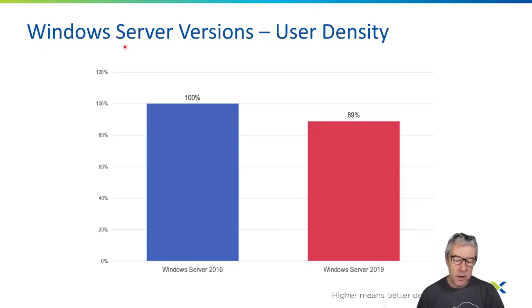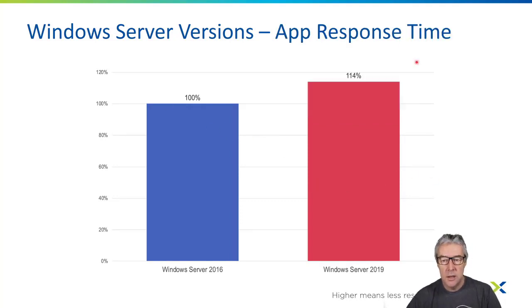So if you're using virtual apps on Server 2016 or Server 2019, again, a difference in user density. So a reduction here in user density. We look at the application response time. Again, a change in the response time between Server 2016 and Server 2019. So we need to know which versions are being used, which versions you want to deploy, to be able to get a better or more accurate sizing.